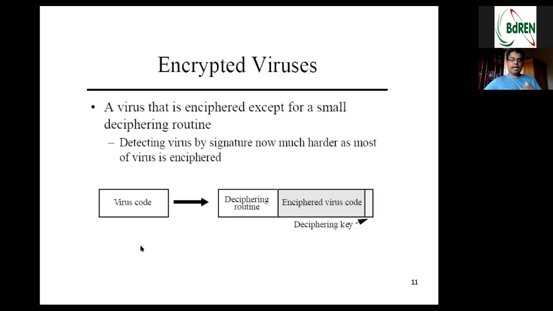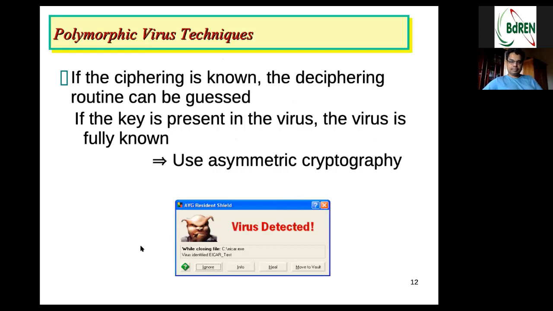Instead they use dynamic keys, using a technique called environmental key generation. They dynamically generate keys, and only they know how to generate these keys. So they do encryption and decryption, and the virus body is different from one infection to the other.